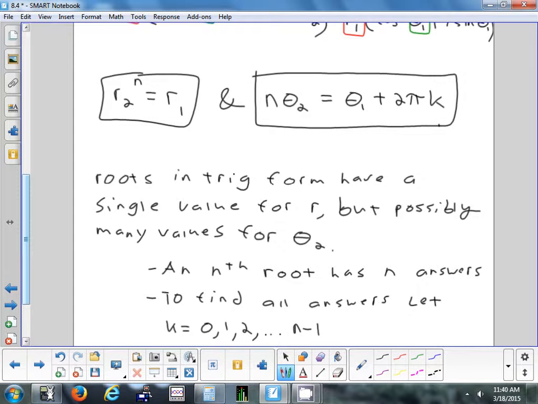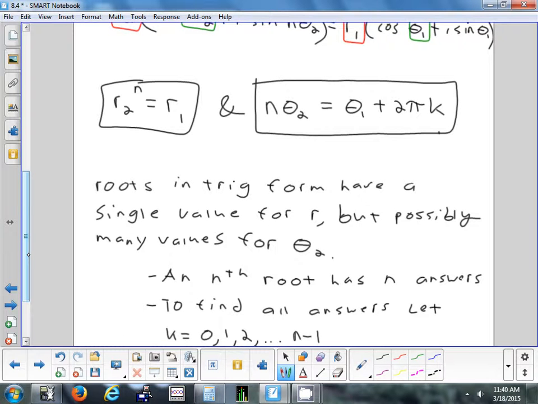There's your 3 answers. If you're doing a 5th root problem, you're looking for 5 answers. To find all 5, we do k equals 0, 1, 2, 3, 4. So notice for a 5th root, I'm only going up to 4 with k because I'm starting at 0. That's important. I think it'll make much more sense once we do an example.